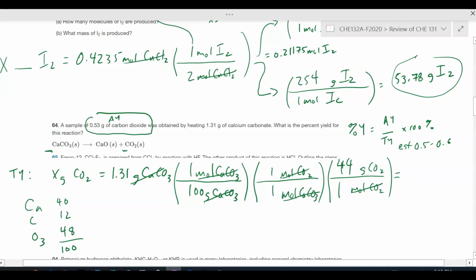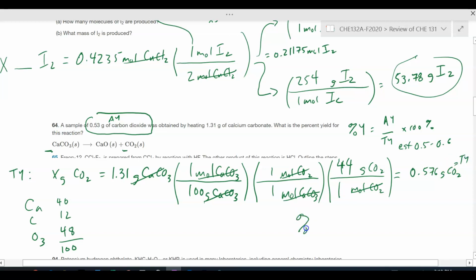So let's see what we got here. 1.31 divided by 100, I'll hit enter, times 44, leave out all those ones, and I get 0.576 grams of CO2. That again is my theoretical yield.